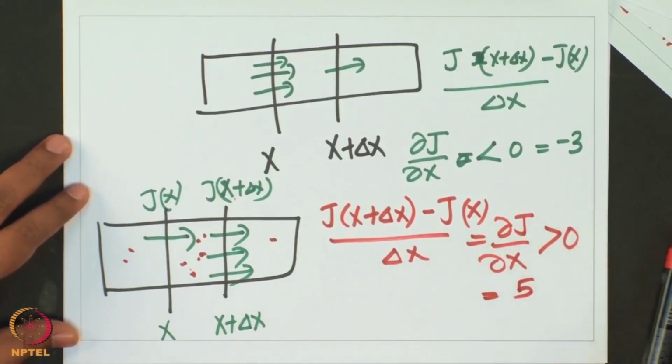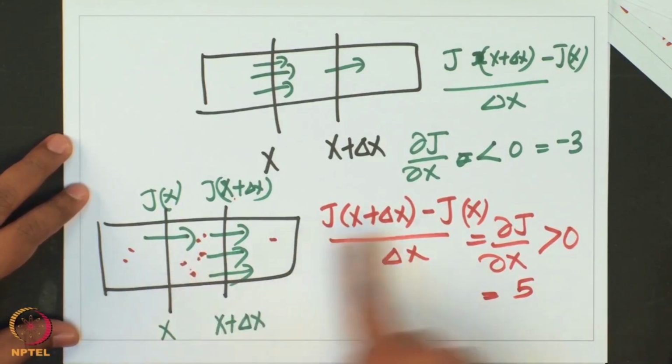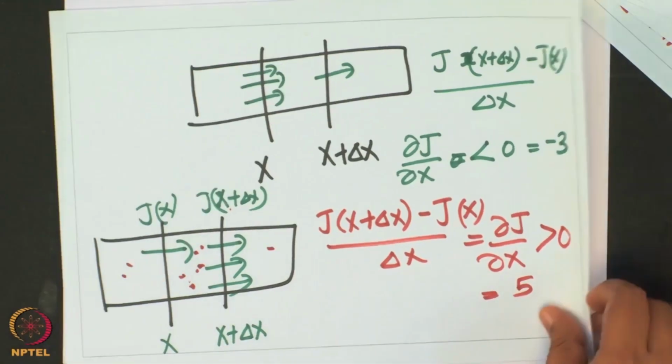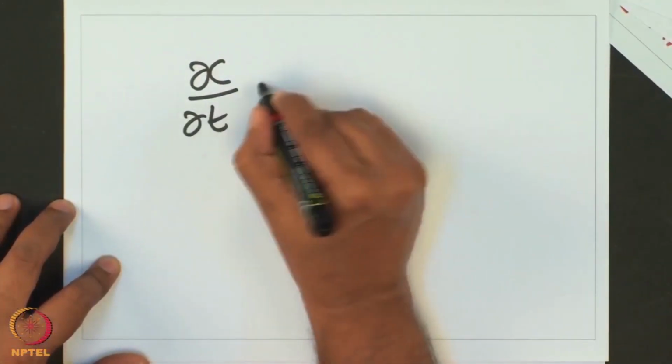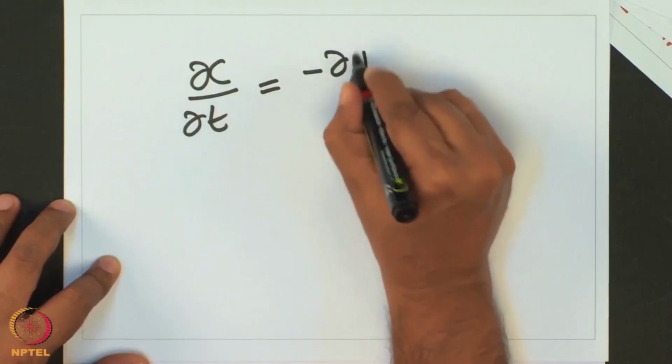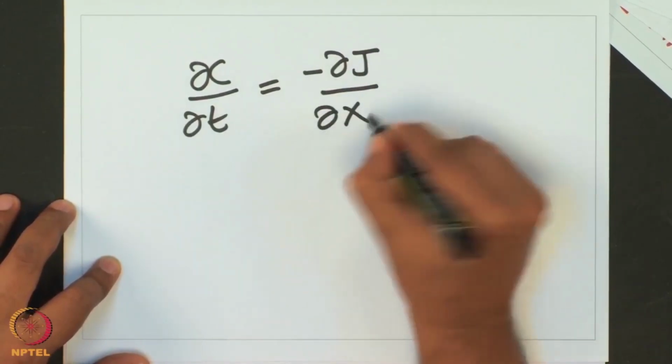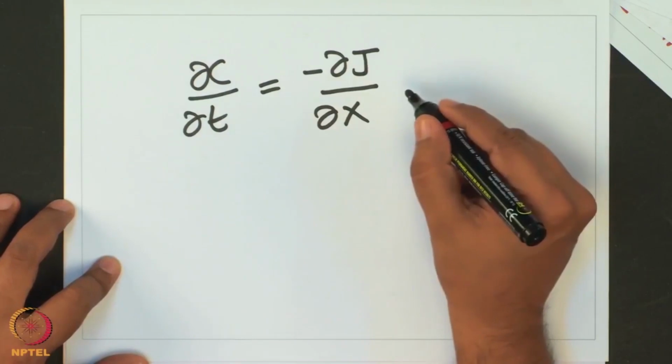Now, if we write our diffusion equation, which is saying that the change in concentration is equal to this difference, the claim we are making is that del C by del T is minus del J by del X. This is the claim that we are making.